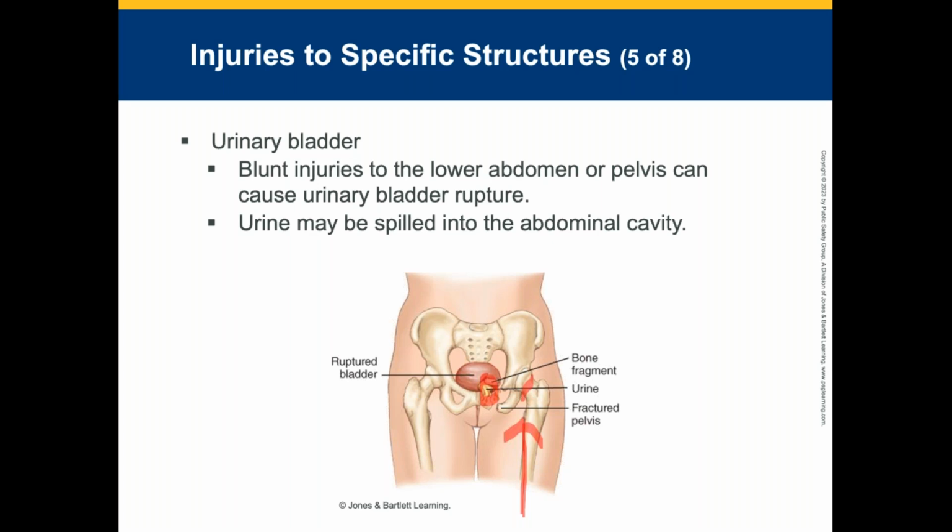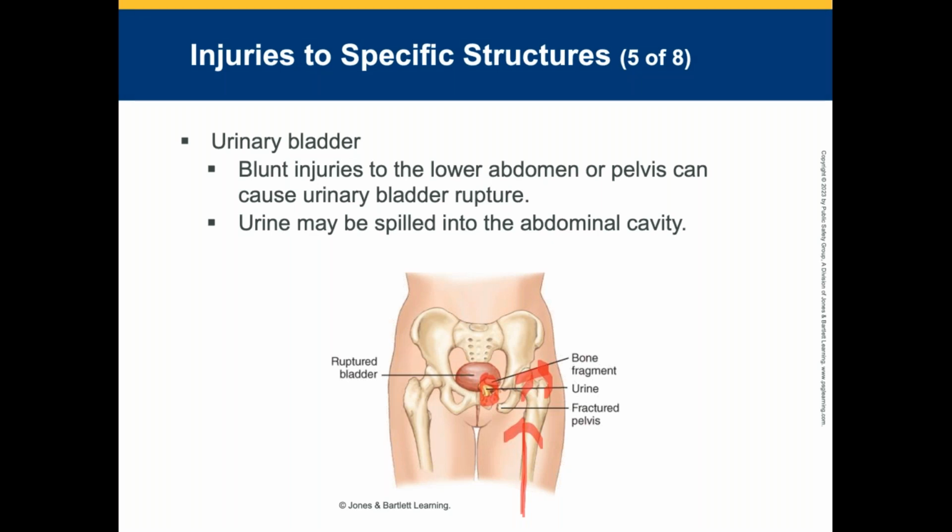But sometimes if this is strong enough, it will either dislocate and pop out in this direction, or you'll have a fractured pelvis down below, causing fragmentation and the rupture of the bladder.